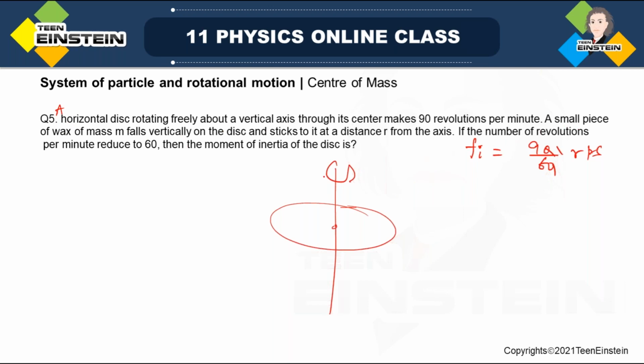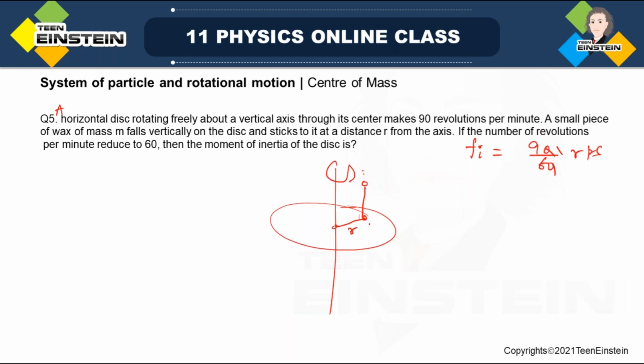A small piece of wax falls vertically on the disk and sticks to it at a distance from the axis of rotation.